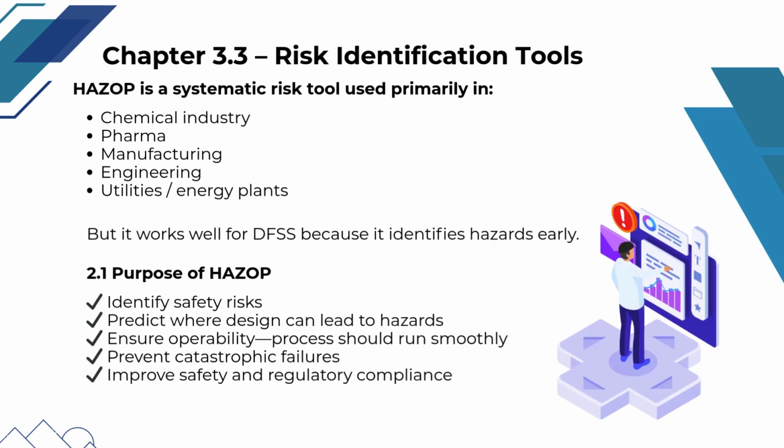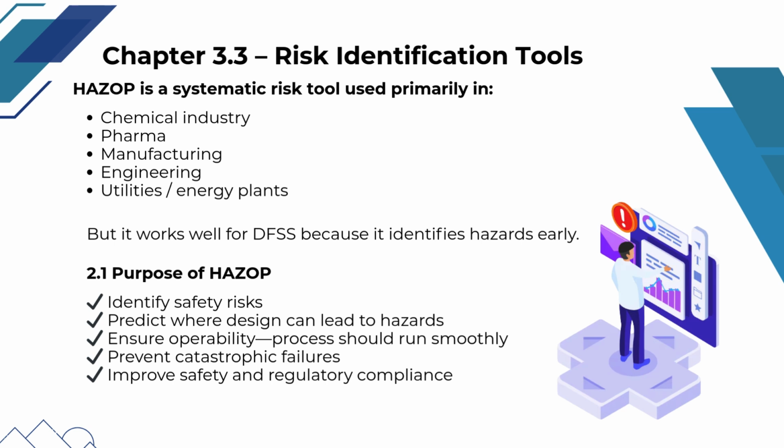HAZOP is a systematic risk identification tool traditionally used in industries such as chemicals, pharmaceuticals, manufacturing, engineering, and utilities or energy plants where safety and reliability are critical. In DFSS and DMADV, HAZOP is highly effective because it helps identify potential hazards and operability issues early in the design stage.